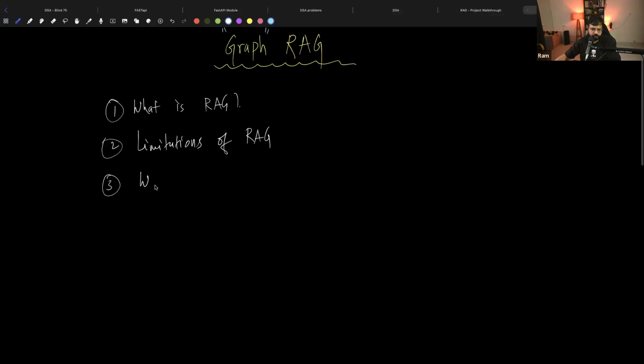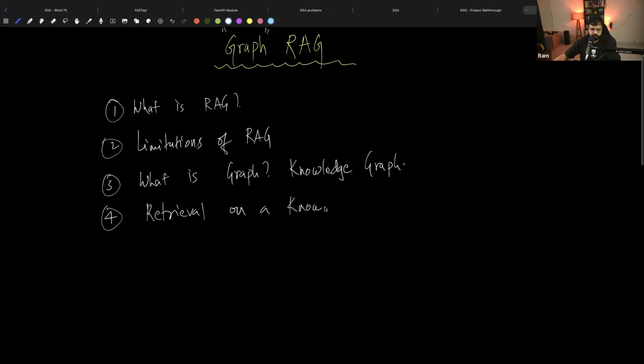First of all, what is a graph? Or you must have heard the term knowledge graph. So we'll talk about what a knowledge graph is, and then how we build retrieval on a knowledge graph. What are the major principles? This session is going to be 2 hours long, so we're not going to do a deep dive on any of the topics, but we will understand the landscape and try to apply it and see what kind of problem can be solved using this technique.